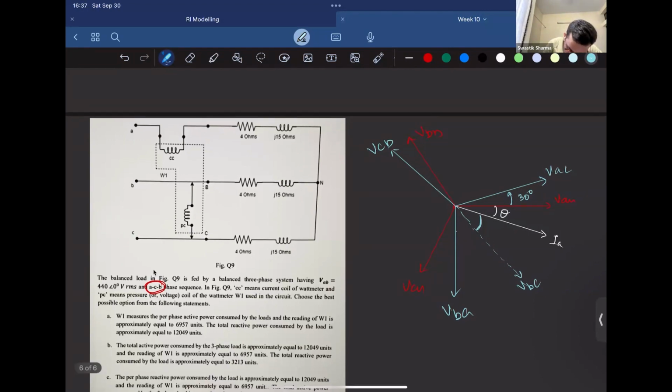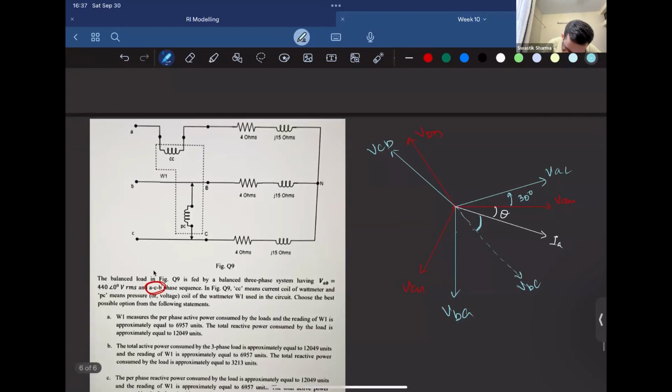So this would be 30 minus theta. If you see, this whole angle is 90 degrees.